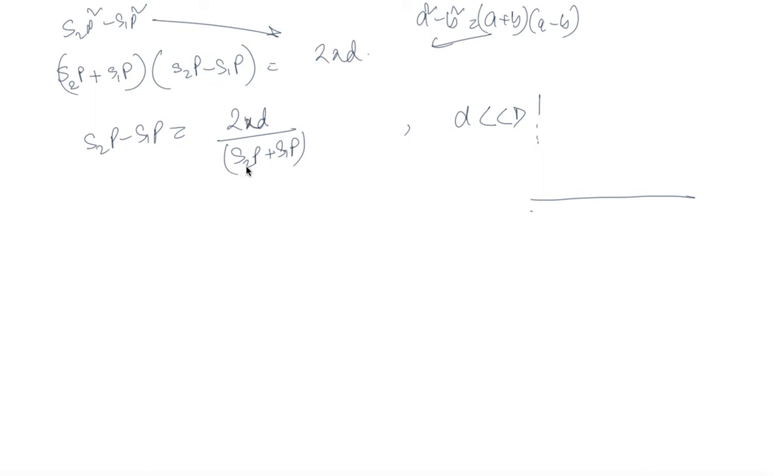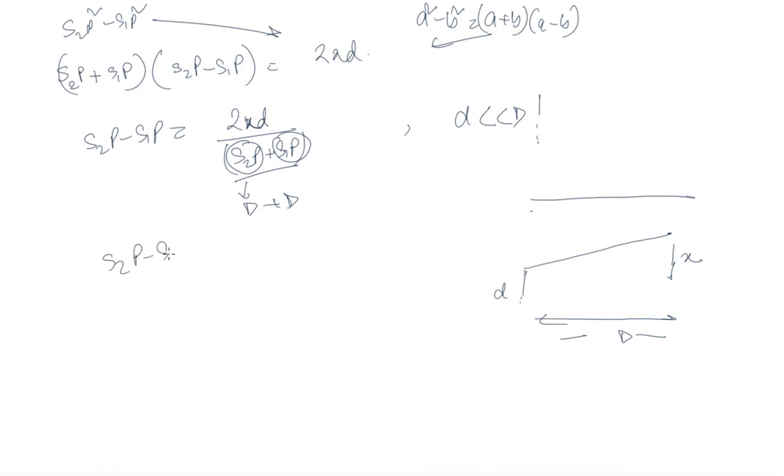So now if you look at this S2p plus S1p, if we consider x and d to be very small as compared to this distance D, then we can write S2p and S1p to be D plus D. So S2p minus S1p in a way can be written as twice xd into twice D, which is nothing but xd upon D.